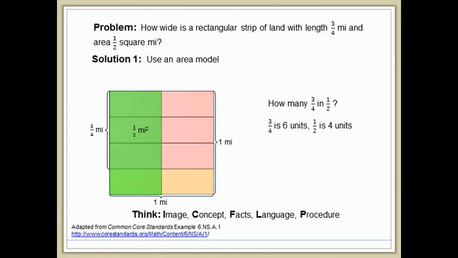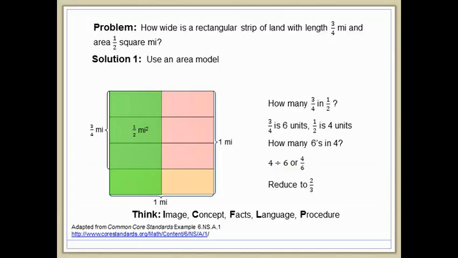At any rate, we know that since 3/4 is 6 units and 1/2 is 4 units, the question is, how many times does 6 fit in 4? How many 6's in 4? And the answer to that is 4 divided by 6. How many times 6 goes into 4 is 4/6. And then we can reduce that to 2/3.